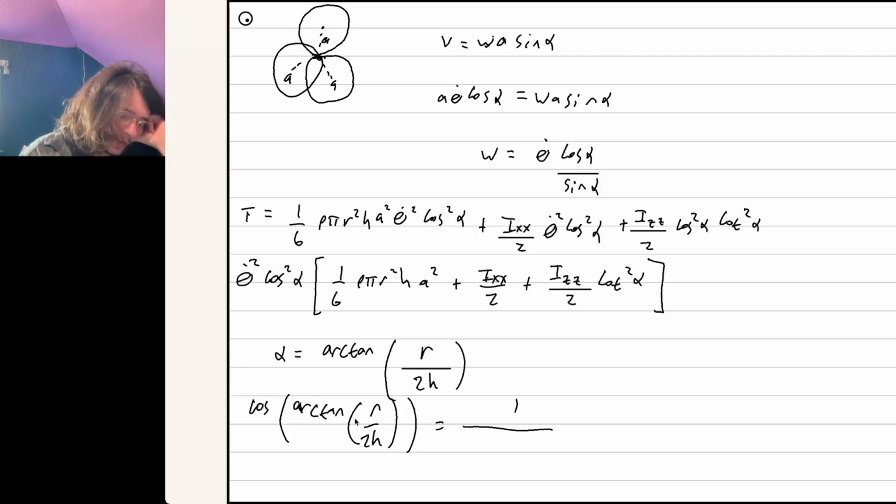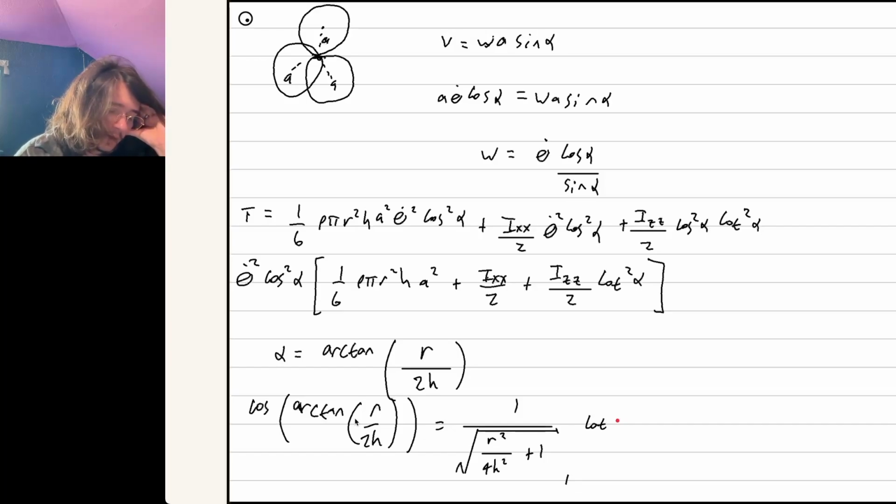So you can express it as 1 over the square root of r squared over 4h squared plus 1. And then you also need the cotangent of the arctangent, which all that does is invert it. So it's 2h over r.